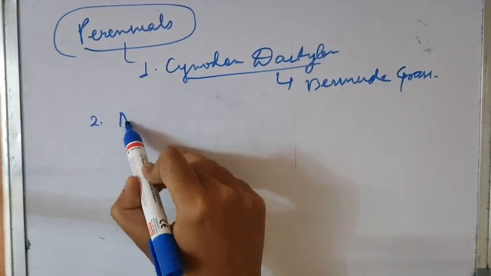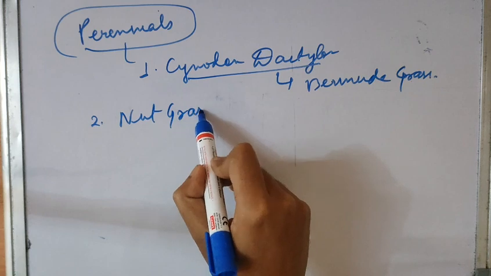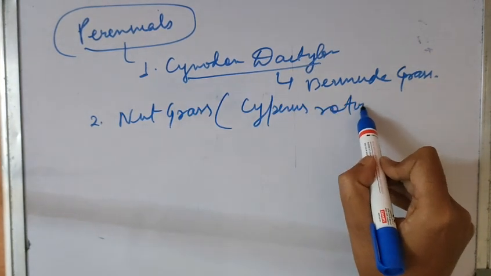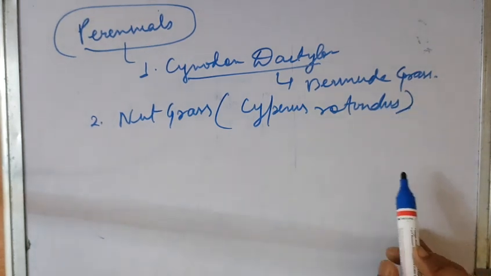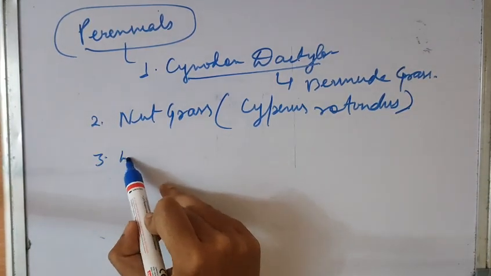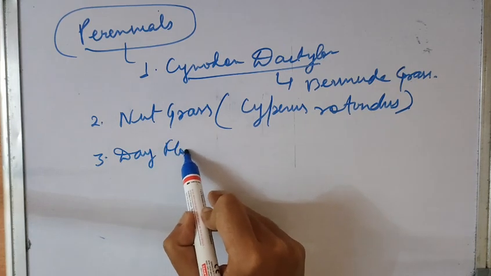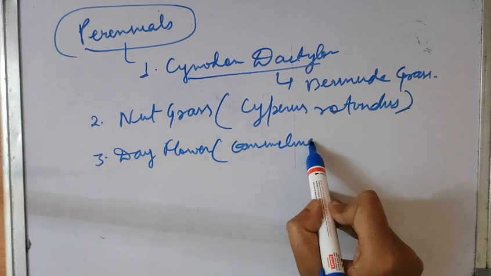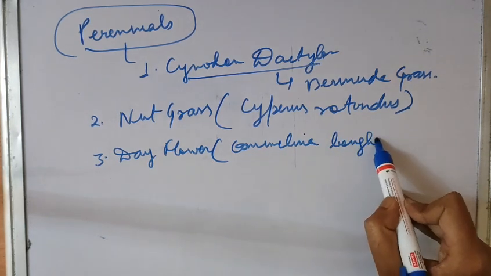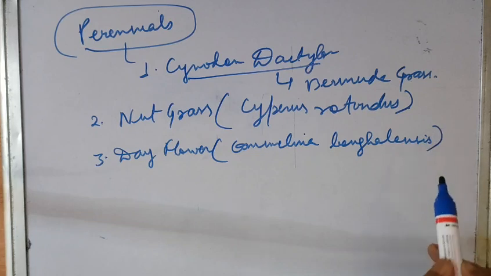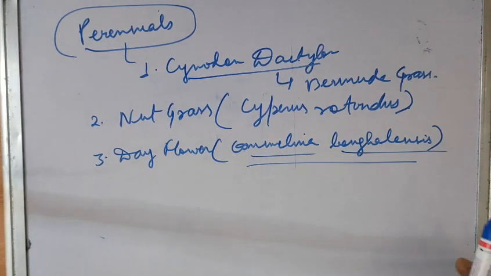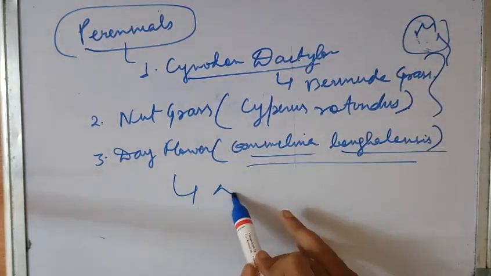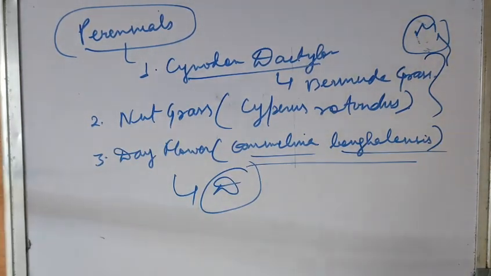We have nut grass, that is Cyperus rotundus. We have dayflower, that is Commelina benghalensis. So these are some common perennials. The first two are monocots, while dayflower is a dicot.